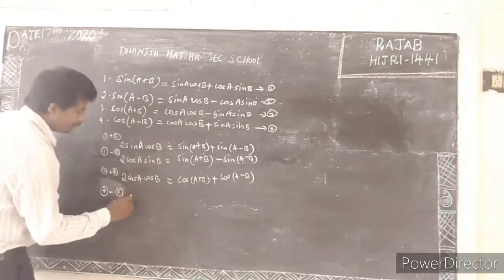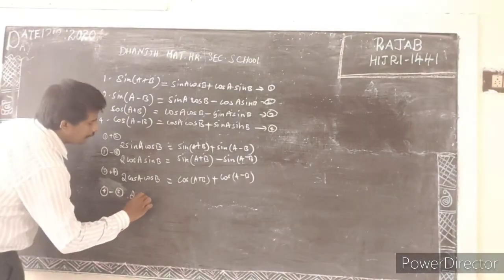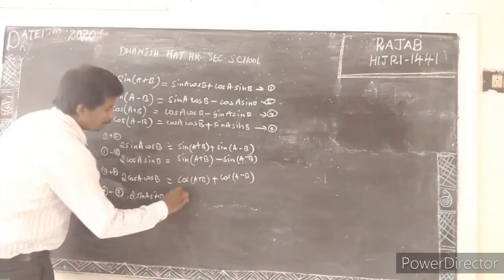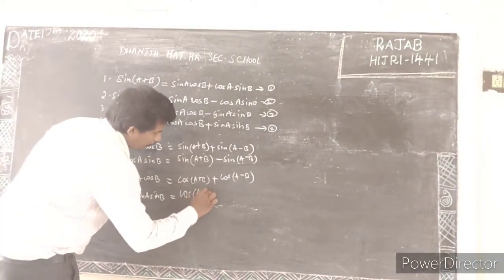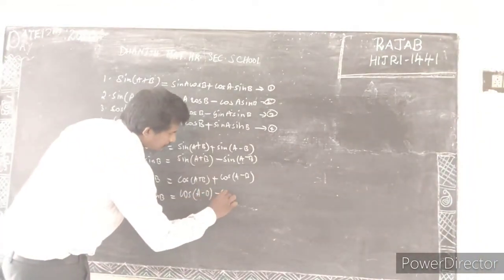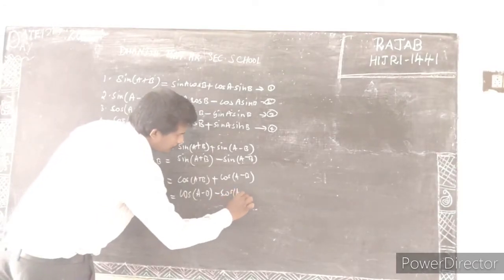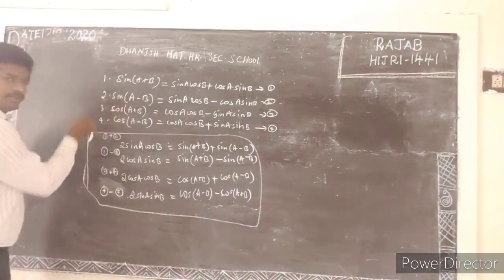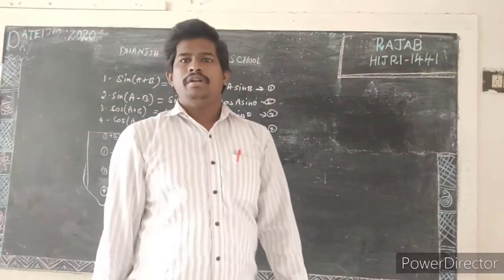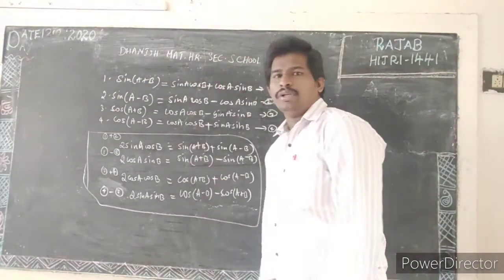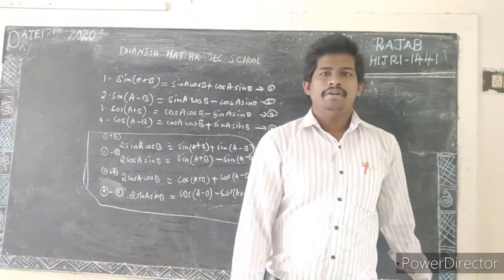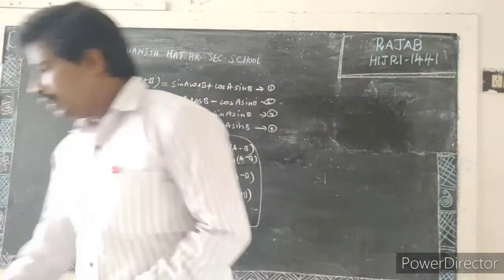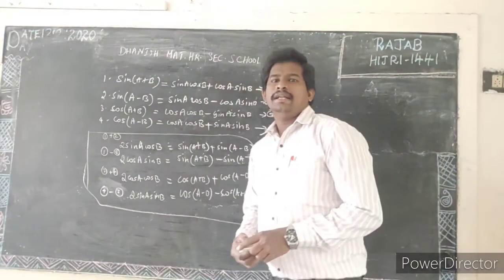So we will have 2 sin A sin B equal to cos of A minus B minus cos of A plus B. We got 4 results. By using these 4 results, we are going to do some problems from the exercise 4.3.